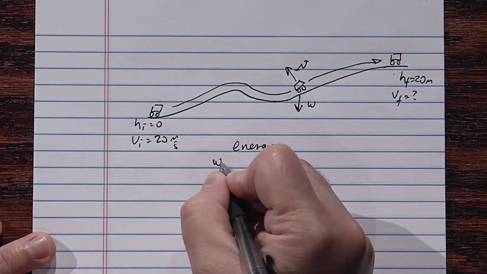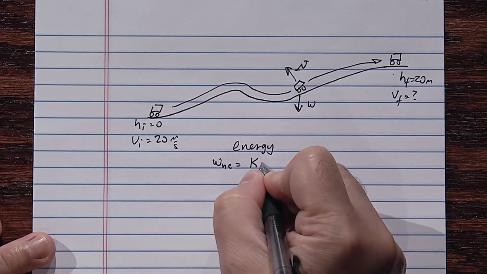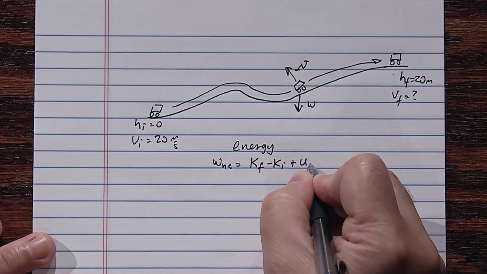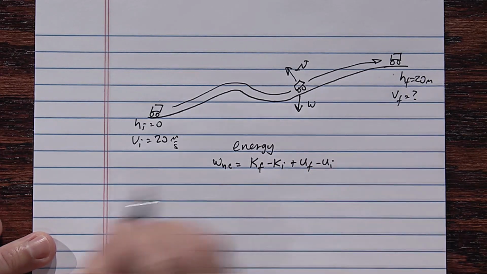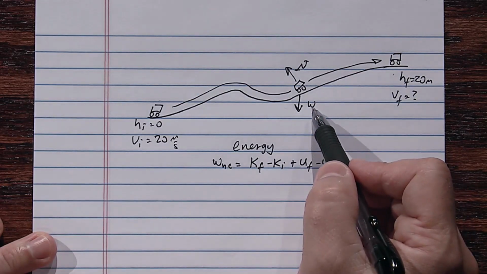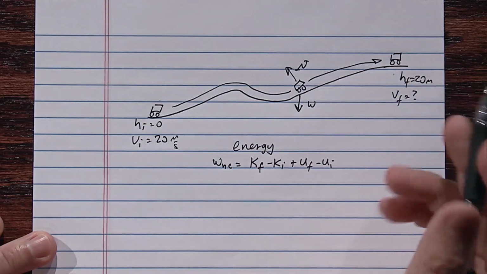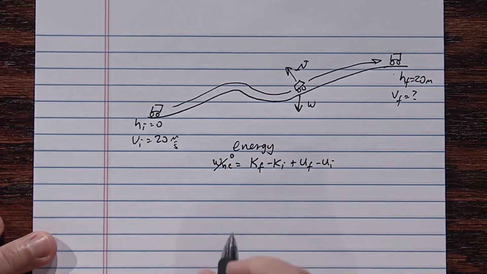Our work non-conservative is equal to, and I'll just go ahead and write out, kinetic energy final minus kinetic energy initial plus potential energy final minus potential energy initial. And we decided that there was no non-conservative work being done because weight is conservative, the normal force is perpendicular to the ramp, and we're neglecting friction. So work non-conservative is 0.